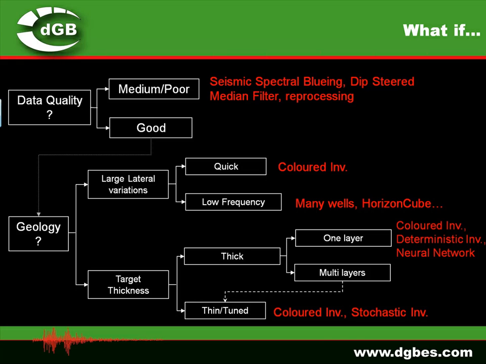You have to know what is happening, so you need many wells, and it's better to use horizon cube as constraint of the model. So this is important to know, because then you will be able to define a workflow, and you will be able to know what to do and to save time and be more efficient.